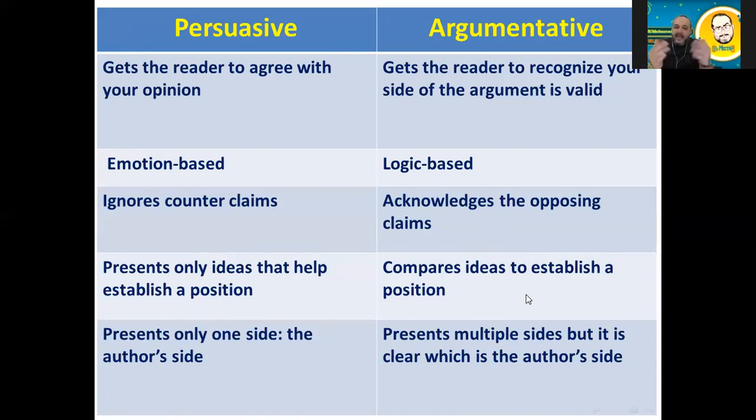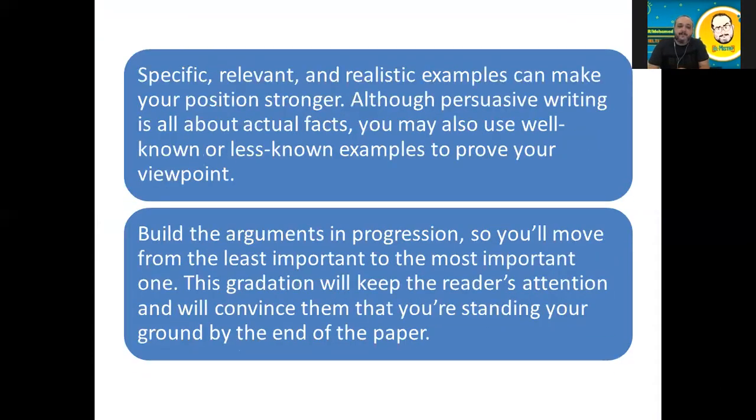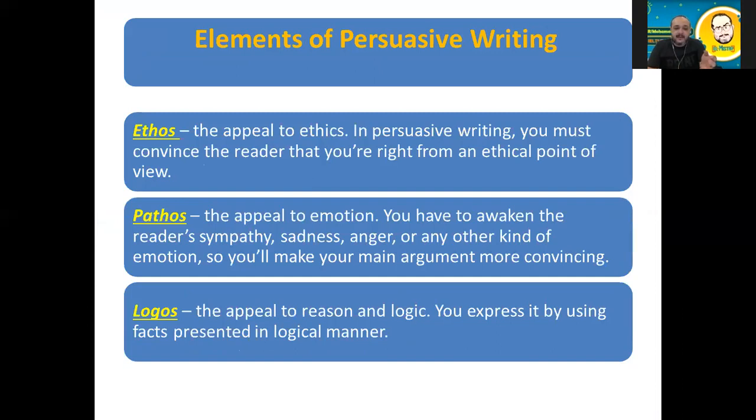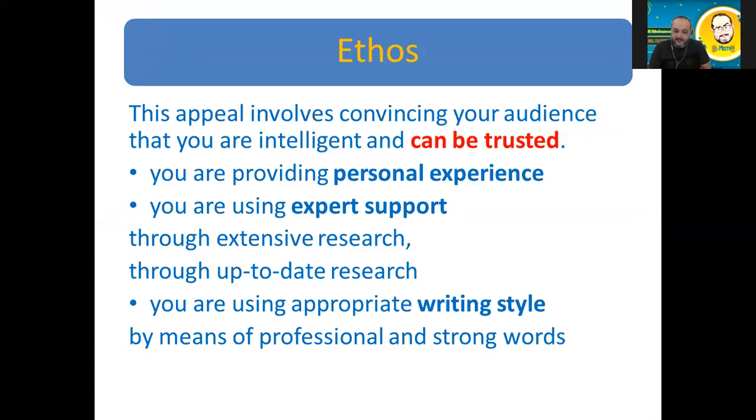And we use 3 different persuasive devices, which are ethos, which is credibility of the writer, pathos, appealing to emotion, and logos, appealing to logic, giving evidence and statistics and so on. We explained each one of them.